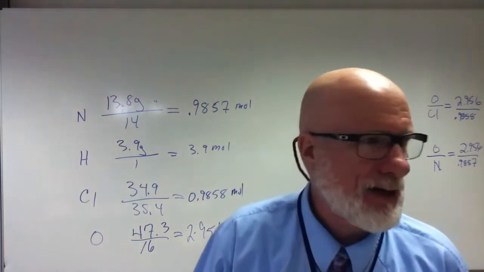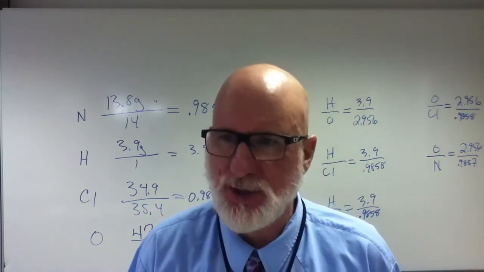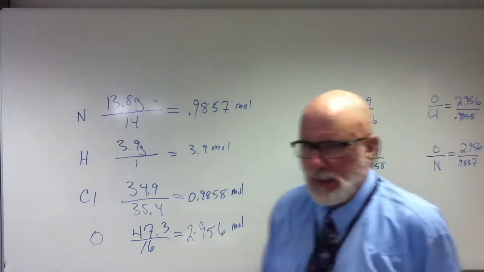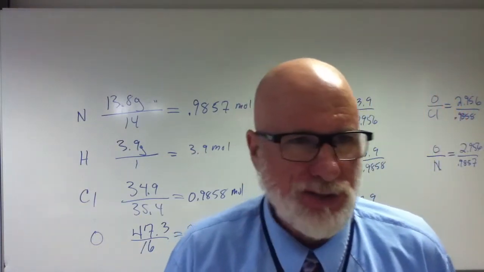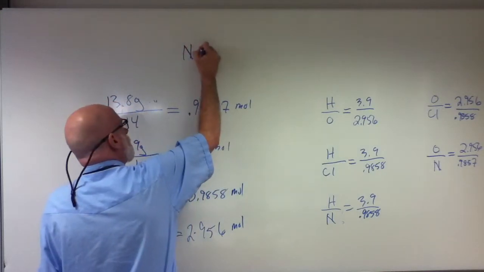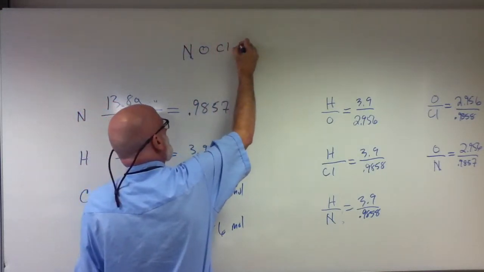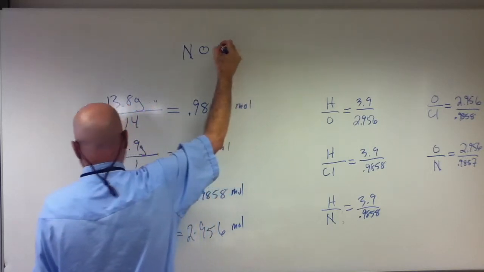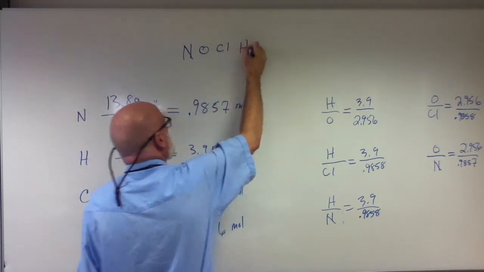You can just double check your data if there's a question. So let's put this in any order you want. We'll put it in nitrogen, oxygen, chlorine, and what's left over? What am I missing? Hydrogen? Okay.